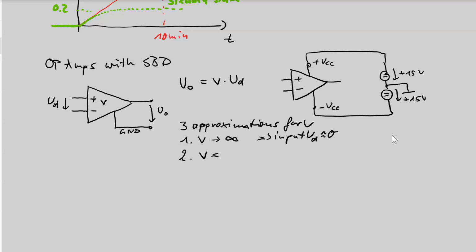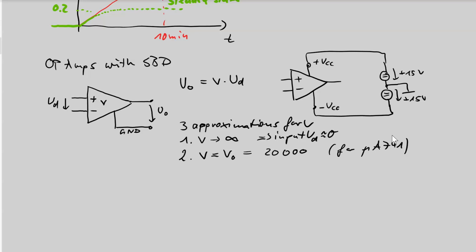So sometimes we say V is a large value but constant, and in the data sheet you can look for what the supplier of this IC guarantees. For example, the MU-A741 guarantees 20,000.